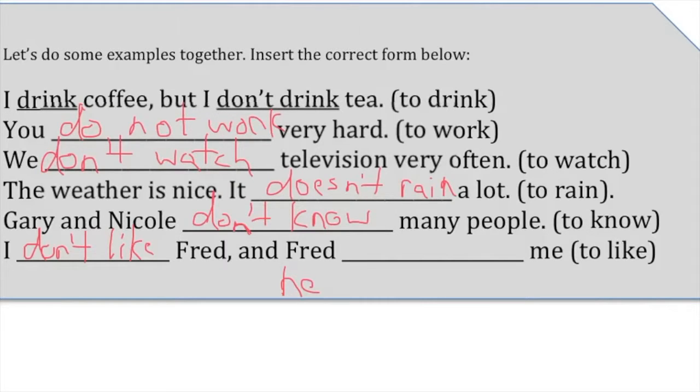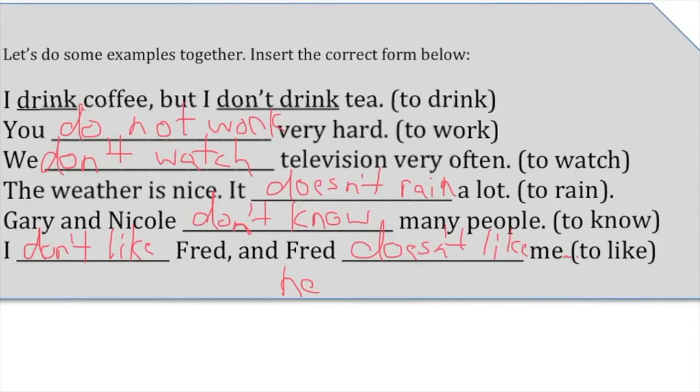So is it he don't or he doesn't? You should say he doesn't. So Fred doesn't, and just the verb, like me. So the sentence should read, with a period of course at the end, I don't like Fred and Fred doesn't like me. And there you have it.